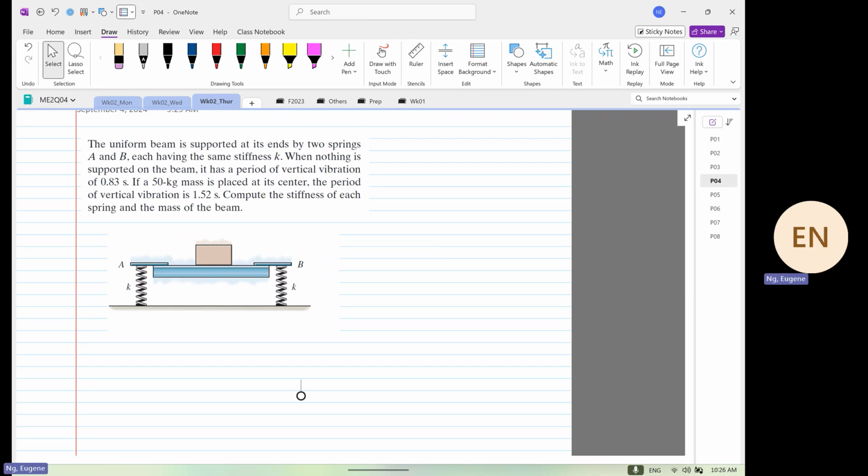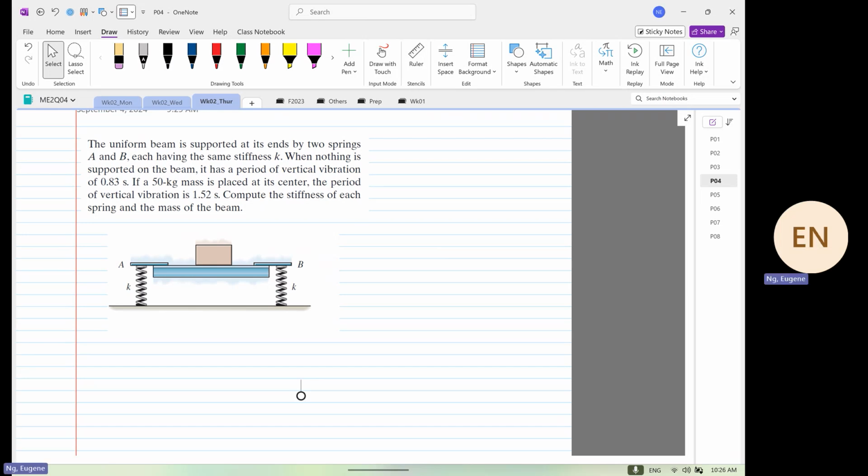So the uniform beam is supported at its end by two springs A and B, each having the same stiffness. When nothing is supported on the beam, it has a period of vertical vibration of 0.83 seconds.